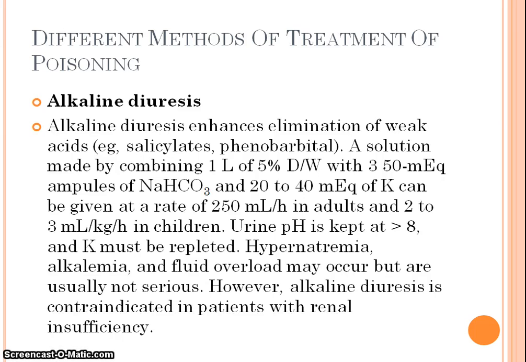Urine pH is kept at more than 8 and potassium must be repeated. Hypernatremia, alkalemia and fluid overload may occur but are usually not serious. However, alkaline diuresis is contraindicated in patients with renal insufficiency.